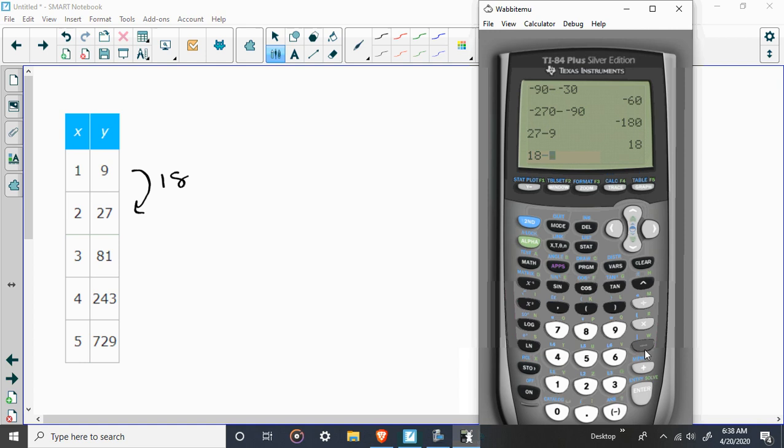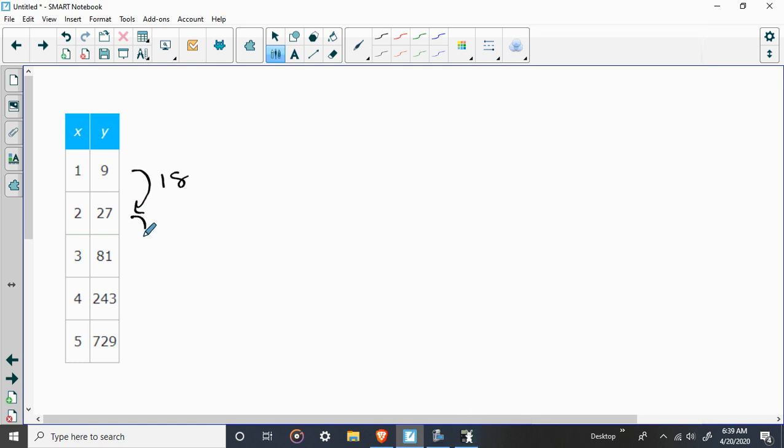I'll do both of them. 81 minus 27 is going to be 54, and 243 minus 81. So you get 54 and 162. So definitely not linear.